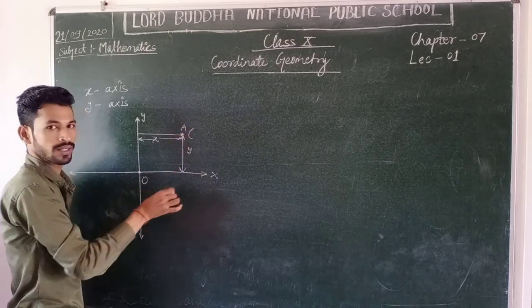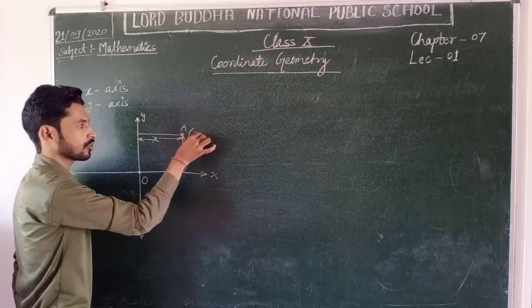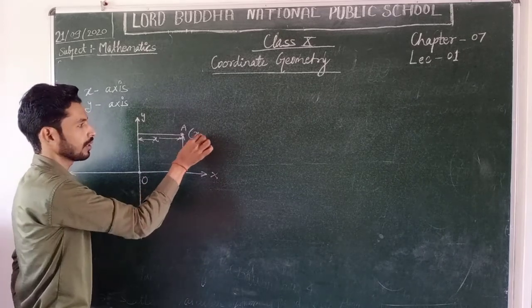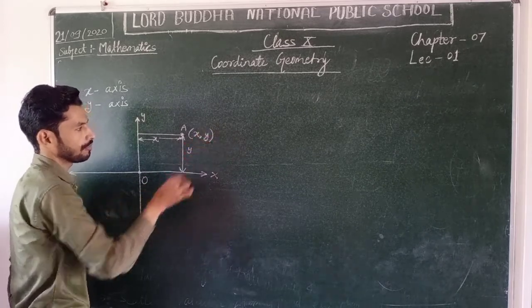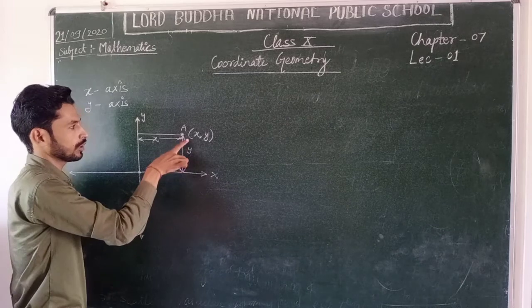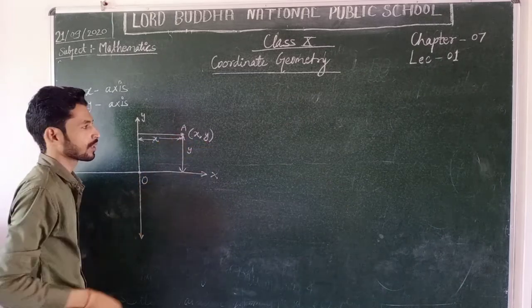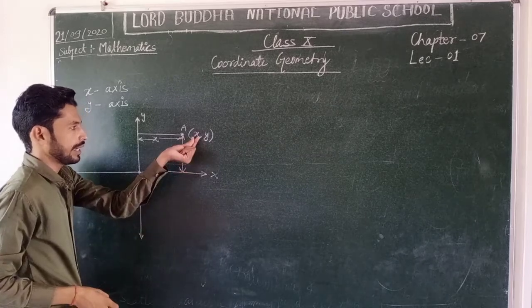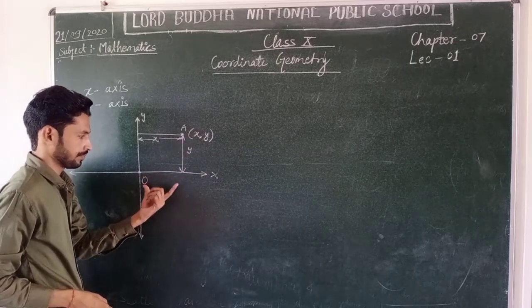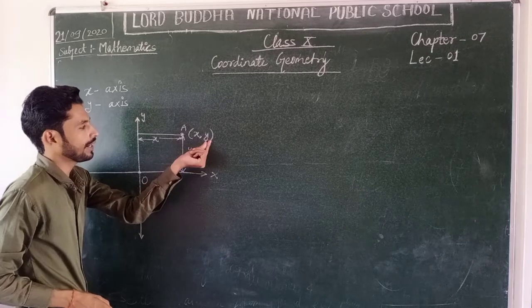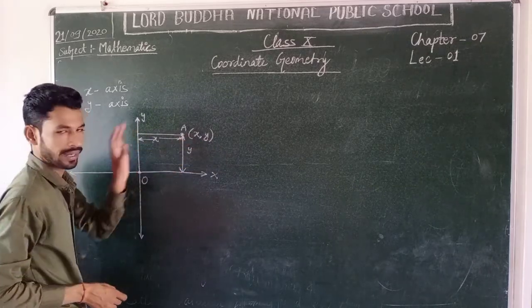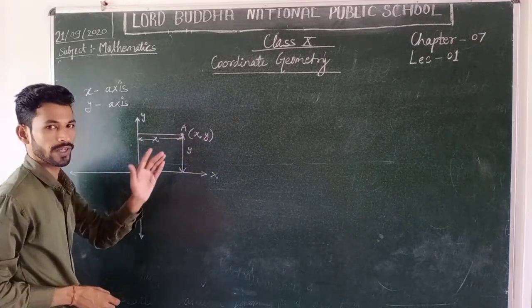So first we write the value of the x coordinate and then the value of the y coordinate. So the coordinate of the point A is x comma y. That means x distance on the x-axis and y distance on the y-axis. That will be the coordinate of any point.